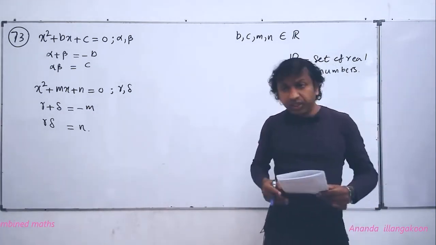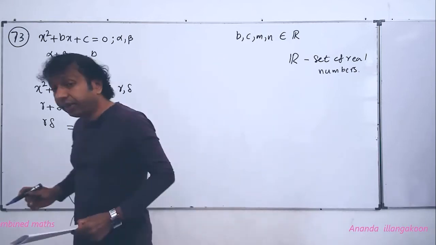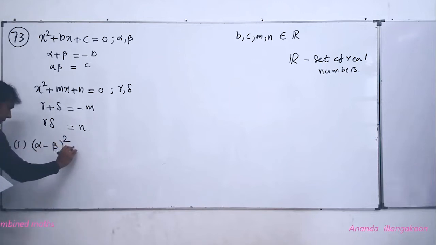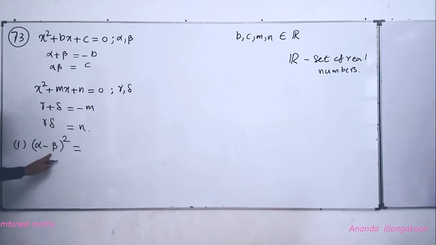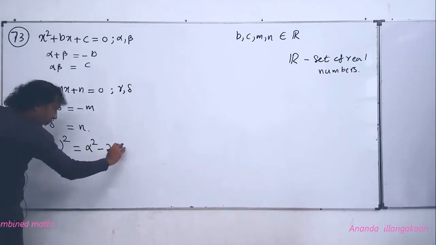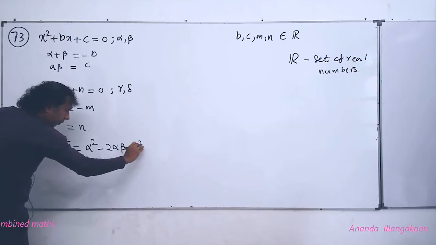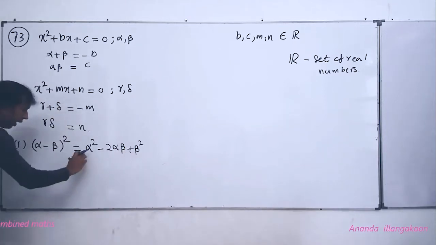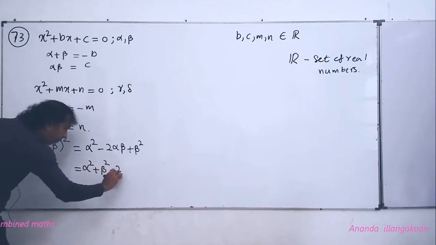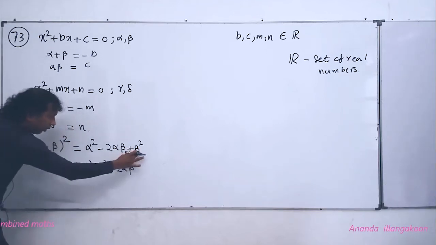Find (alpha minus beta) perfect squared. Right. We'll write (alpha minus beta) perfect squared, first one. People, shall we expand this? This is like (a minus b) perfect squared. Now, what do you get there? Alpha squared minus 2 alpha beta plus beta squared. This alpha squared and beta squared we can write together like this, people, taking this and this together.